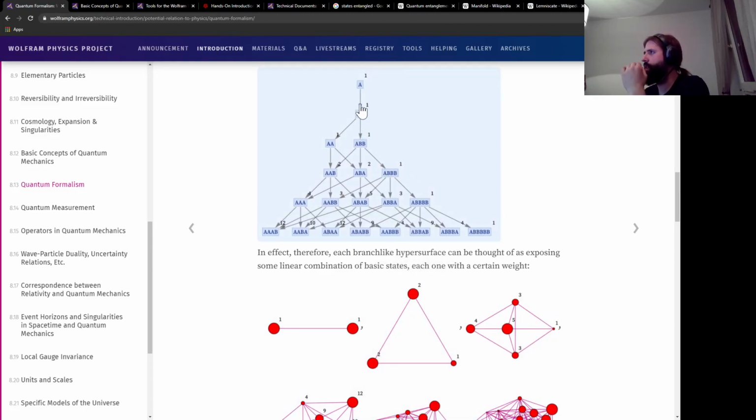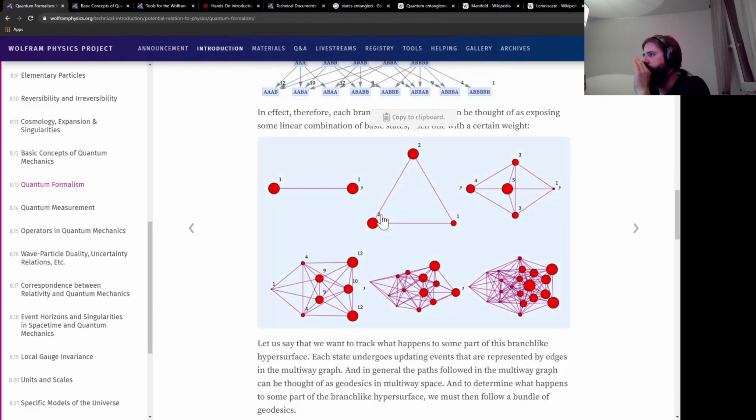The fact that there are just A's and B's here, it's just a way to exemplify transformation. But you'd start, in effect, each branch-like comes as a combination of basic states in a way, yeah.